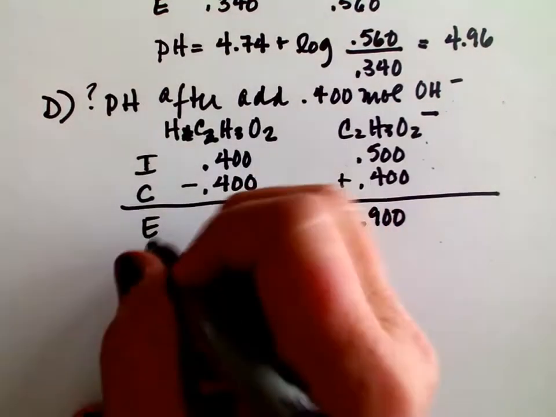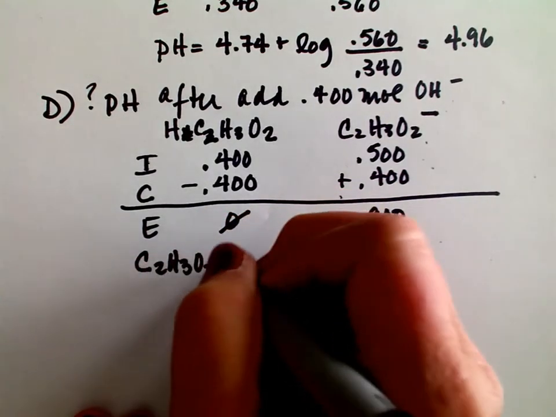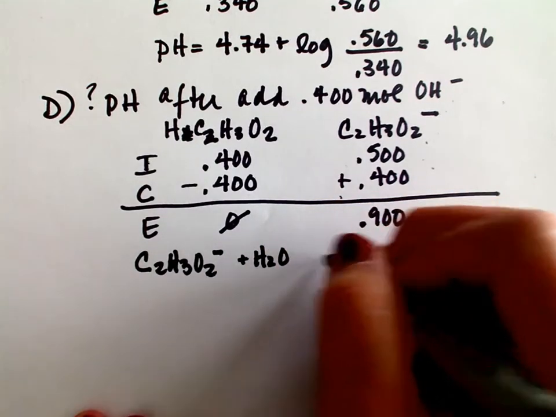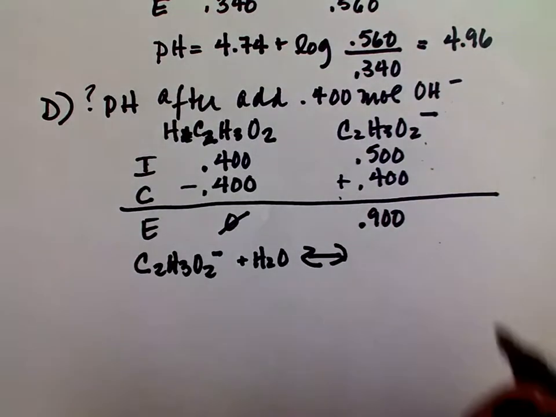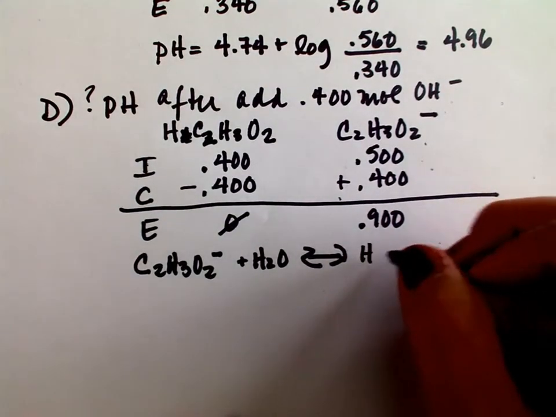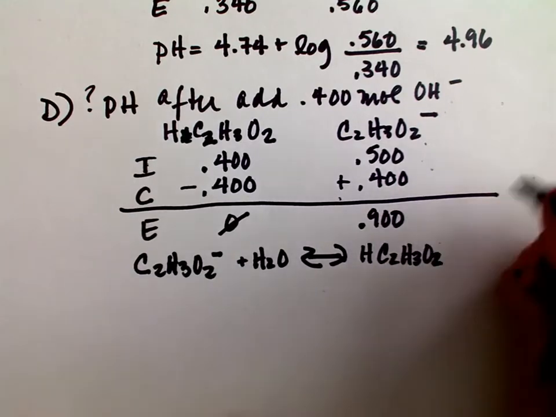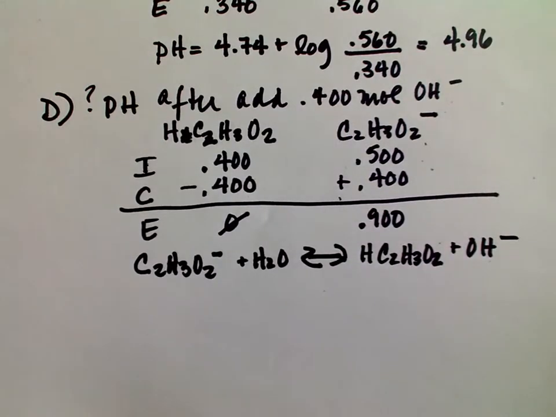So the new problem is C2H3O2 minus, it will react with water, reform some of the weak acid, and release hydroxide ion. So this is going to be a basic solution now. No longer a buffer, but a basic solution.